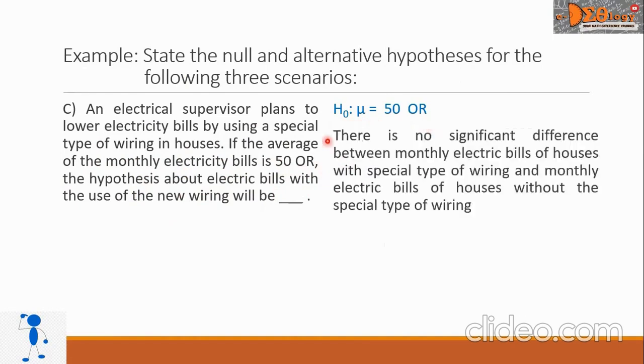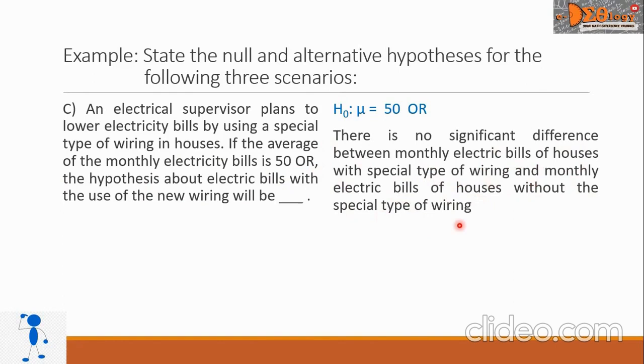In words, we write there is no significant difference between monthly electric bills of houses with special type of wiring and monthly electric bills of houses without the special type of wiring.